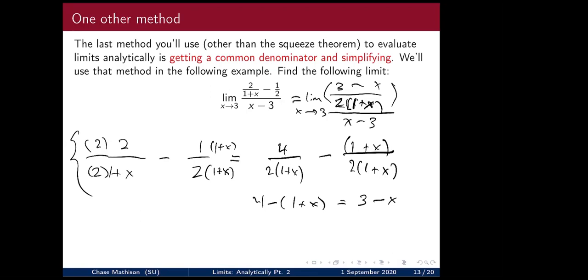Why didn't you distribute the 2 in the denominator? Excellent question. You can. In other problems, a lot of times you'll be able to cancel something, so it depends on the context of the problem.